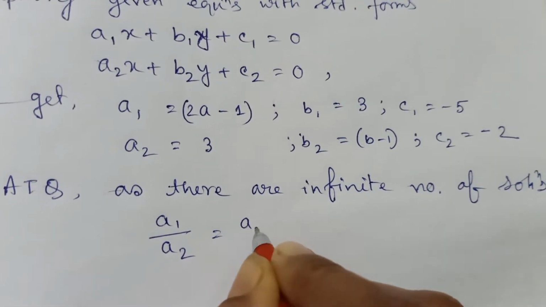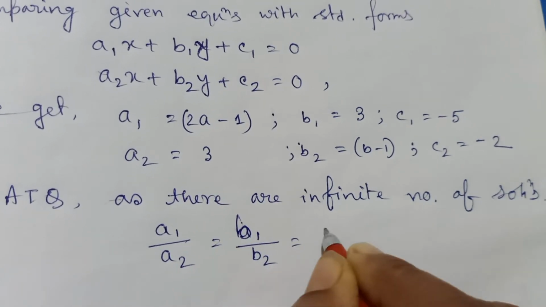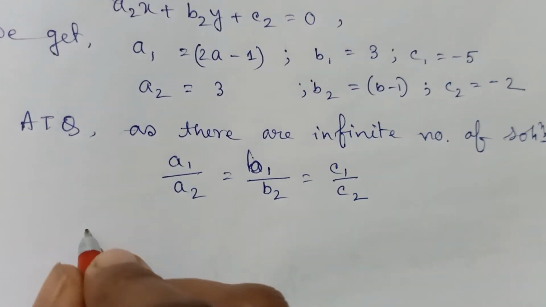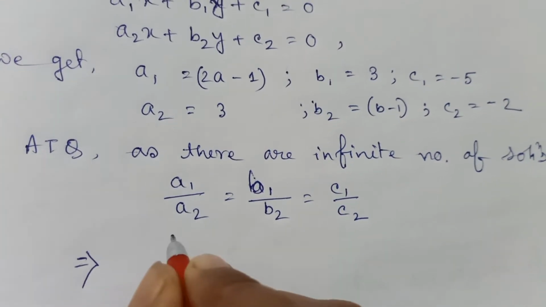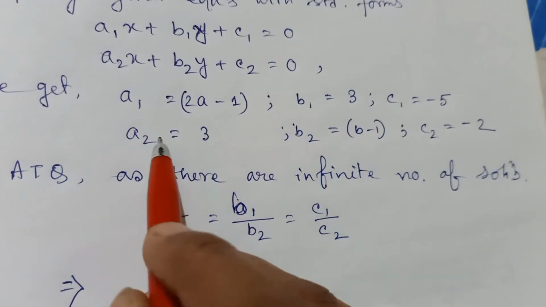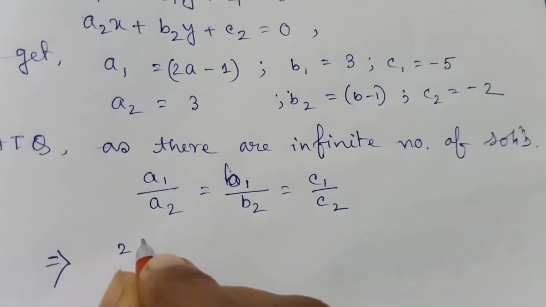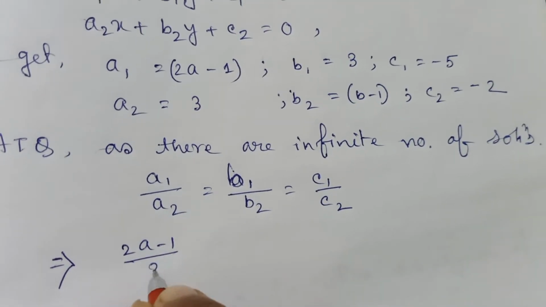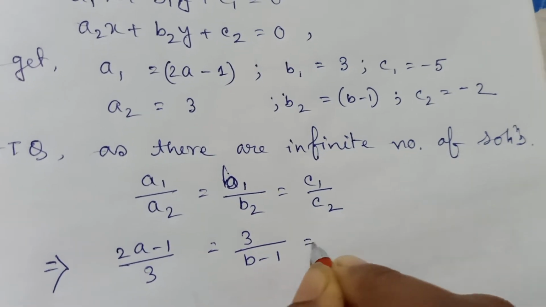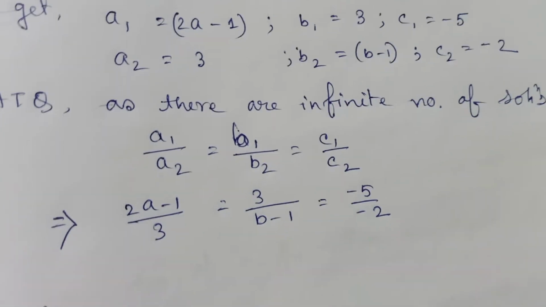Its condition is a1 by a2 equals b1 by b2 equals c1 by c2. Now from this we will put the values of a1, b1, c1, a2, b2, c2 in this condition. So it's becoming 2a minus 1 divided by 3 equals 3 divided by b minus 1 equals minus 5 divided by minus 2.